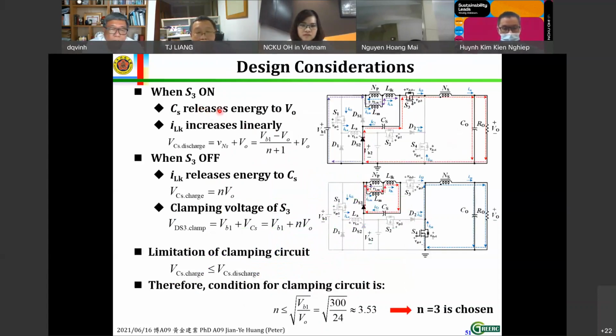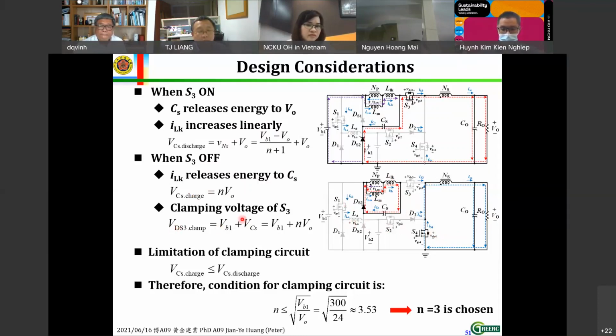When the switch S3 is on, the CS will release energy to VO, and the IOK also increases linearly. Now we can see that the VCS in this time will equal the VNS plus VO, which equals these equations. And when the switch S3 turns off, the IOK will release energy to CS, and the VCS charging voltage will equal N times VO.